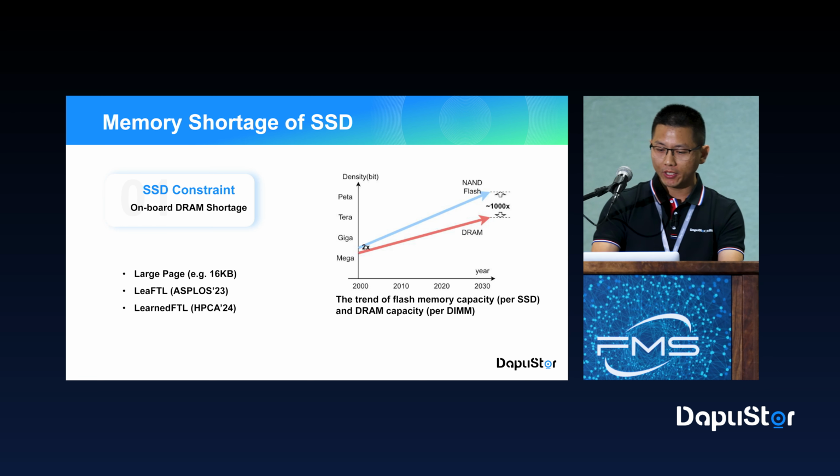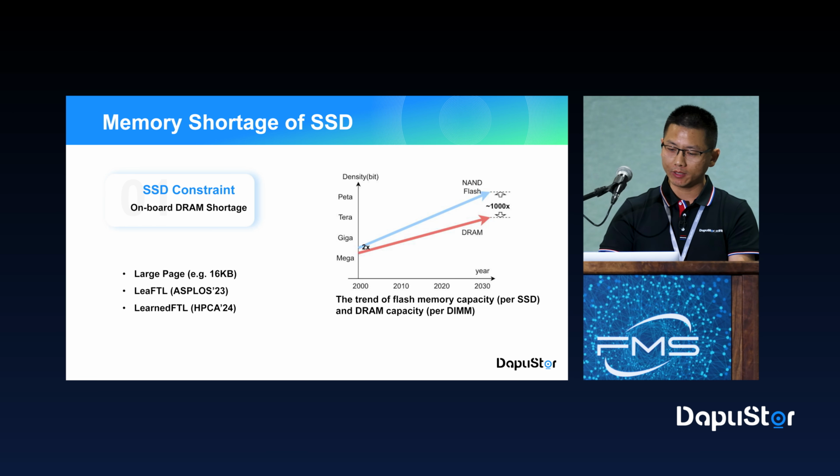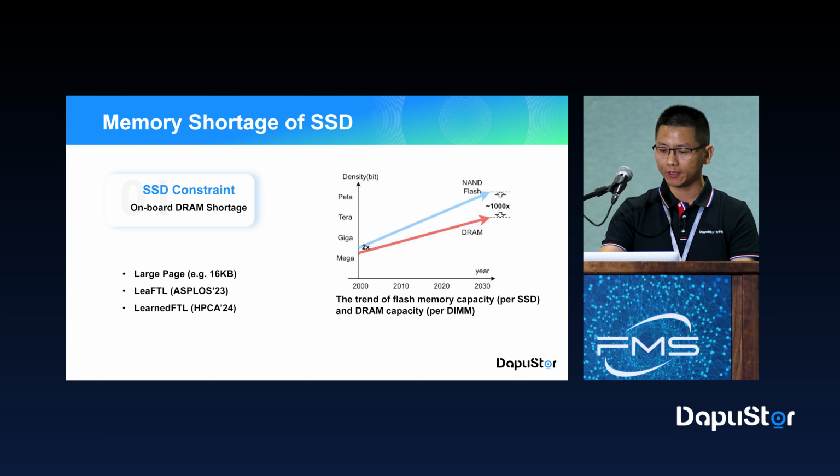So instead of 4 KB, we have to cut the L2P index size. Some research work proposed using a learned index, a kind of machine learning model, to reduce the index size. But all these mechanisms, either the larger page or the learned index, suffer from performance degradation, especially for random write.